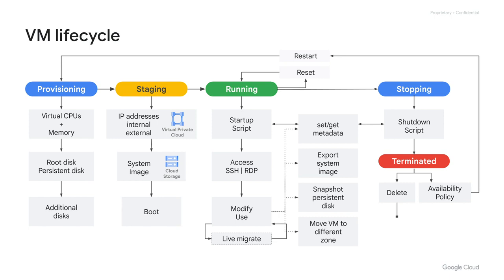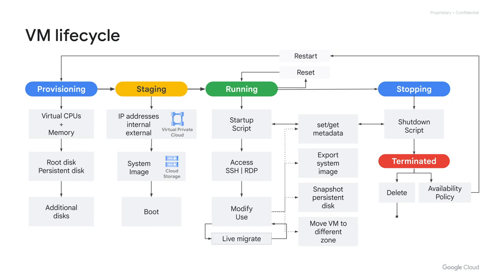We'll cover this lifecycle on a high level, but we recommend returning to this diagram as a reference. When you define all the properties of an instance and click Create, the instance enters the provisioning state. Here, resources such as CPU, memory, and disks are being reserved for your instance, but the instance itself isn't running yet.